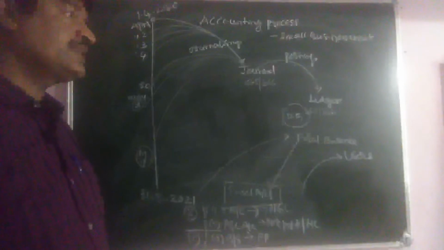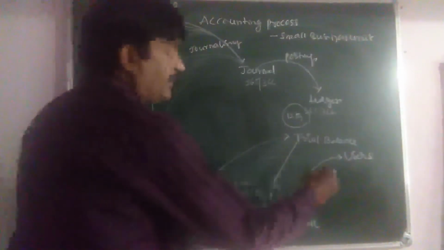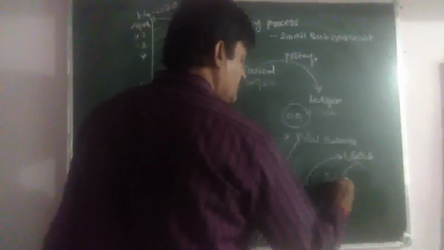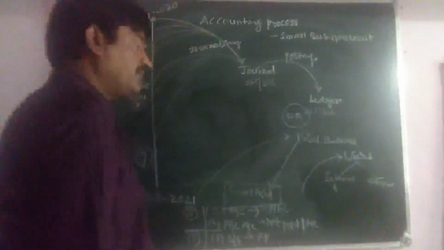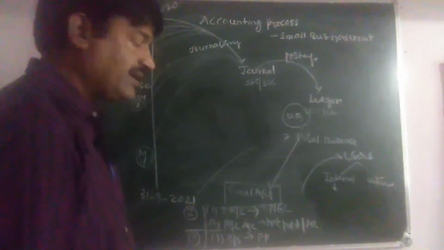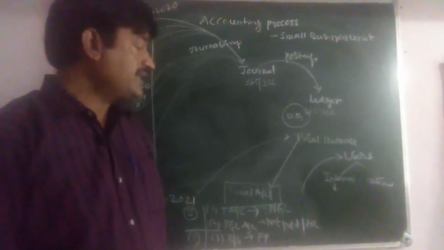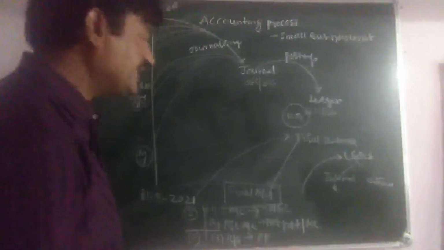The users are also known as decision makers. Users are 2 types: internal users, external users. Internal users have more ability in knowing the result of the business, whereas external users have less ability in knowing the result of the business.